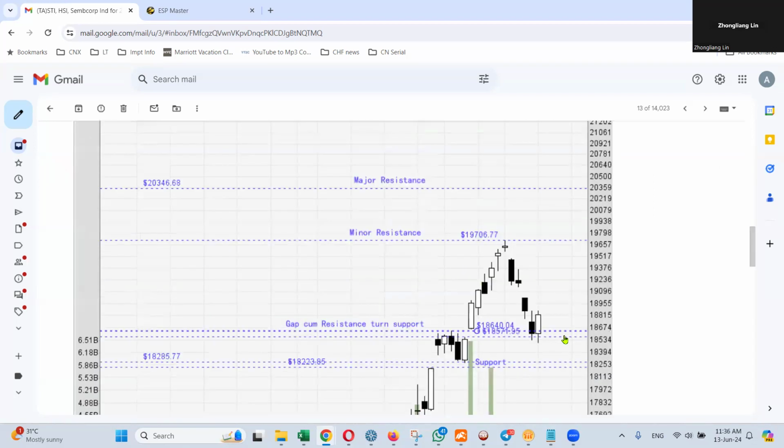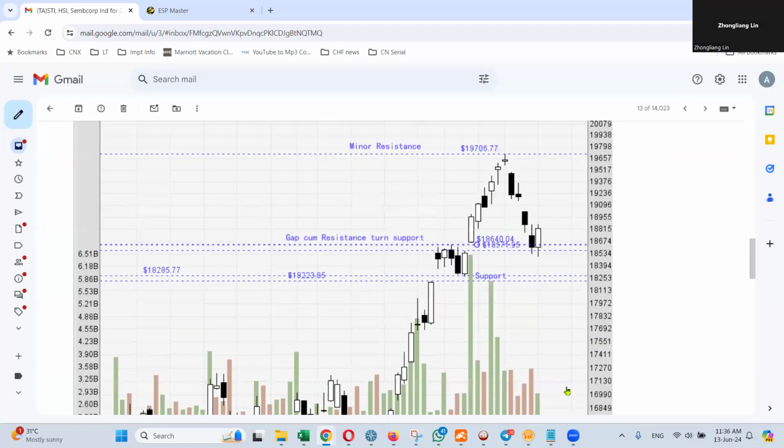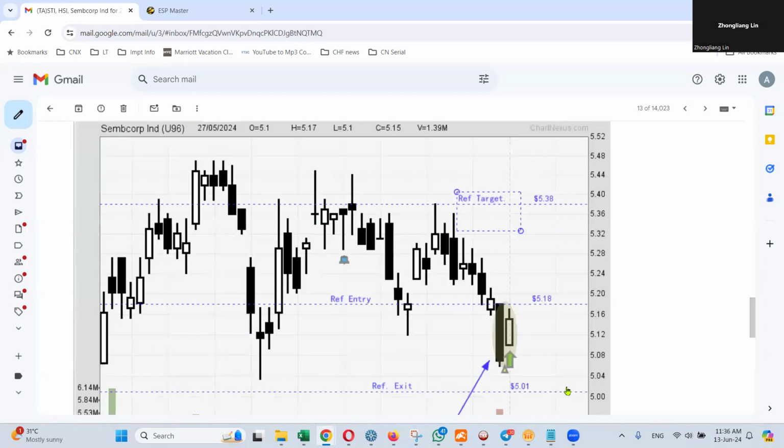So for Hang Seng, it came down to the support level and rebounded. Unfortunately, now if you were to watch Hang Seng, it is trading around here already. So it is the start of a downtrend, as I mentioned, and we have to look at Sembcorp Industries, where there's a trade plan here.